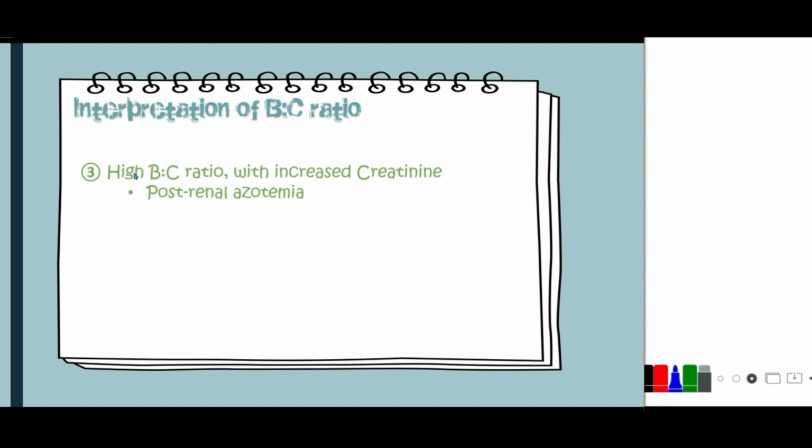So, nagtaas ang imo nga BUN kay waay siya na completely pagwa sang imo nga kidneys, which is the reason why ma-increase man ang imo nga creatinine. Because of course, all substances nga ginfilter ni kidney, hindi ka na mapagwa kung may post-renal azotemia since there is occlusion. So, which is why high BC ratio with increased creatinine could be because of post-renal azotemia. Or, this could also be an indication for a pre-renal azotemia accompanied by an underlying renal disease.